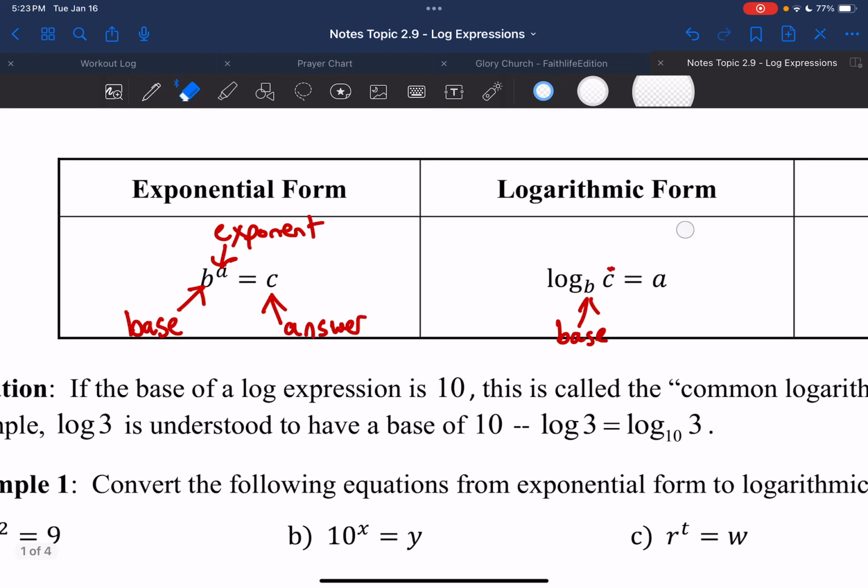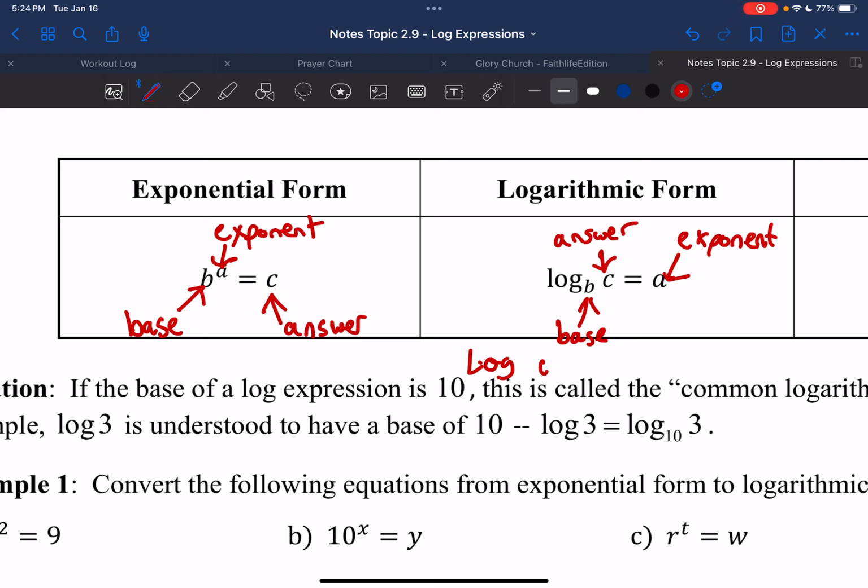My exponent's over here, and this is the answer. A, b, and c are just arbitrary letters we use to order it. One way to remember the order for logarithms is: base, answer, exponent. Base, answer, exponent.